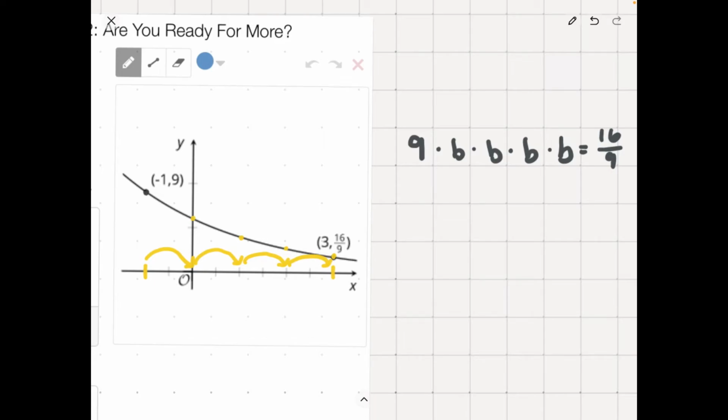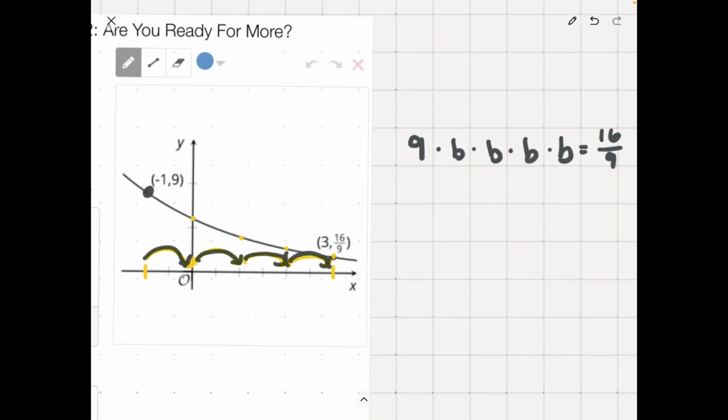So starting here and then going over the growth factor 4 times, 1, 2, 3, 4 times, if I multiply by it 4 times, I get 16 over 9. Okay, so that is what's happening with our growth factor right now.